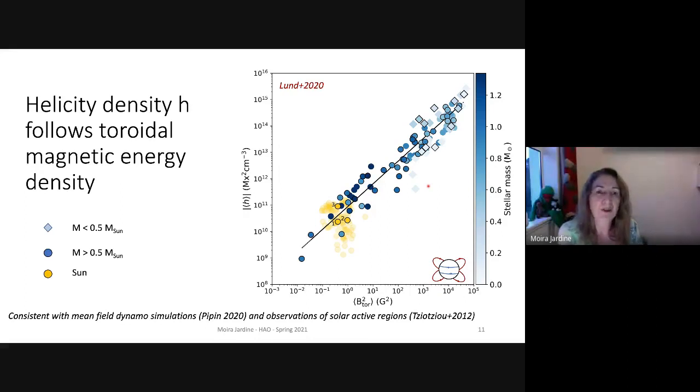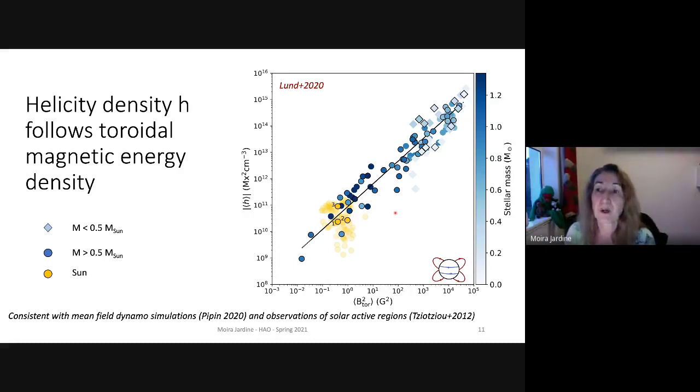So this is a plot of the helicity density determined by mapping the magnetic fields of stars against the B squared for the toroidal field, which is a measure of the energy in the toroidal field. So each point here is a star.